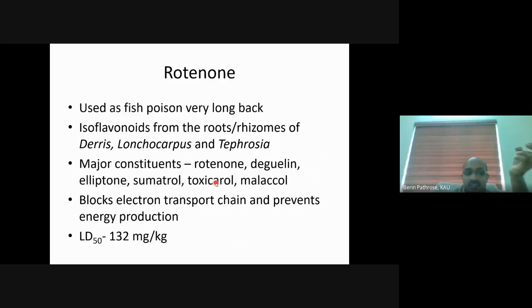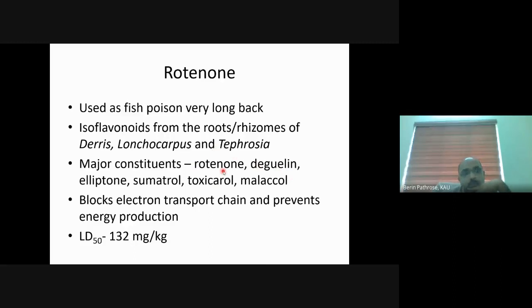and it is mainly available from plants such as Derris, Lonchocarpus, and Tephrosia. The roots and rhizomes of Derris, Lonchocarpus, and Tephrosia contain flavonoids such as rotenone, deguelin, elliptone, sumatrol, toxicarol, and malaccol. All these have insecticidal property, but the major chemical having insecticidal property is rotenone.